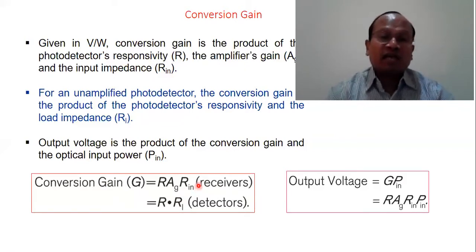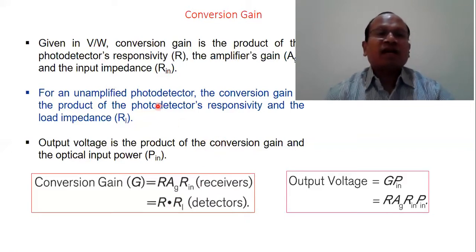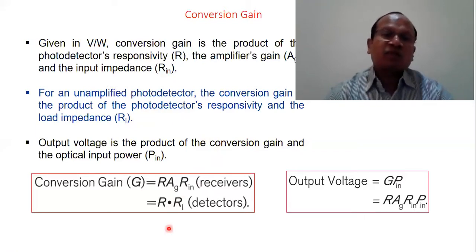So this is how we calculate. This can also be written as R into Ri for an unamplified photodetector. Suppose there is no amplification, we can simply write R into Ri. For a receiver, Ag is multiplied.